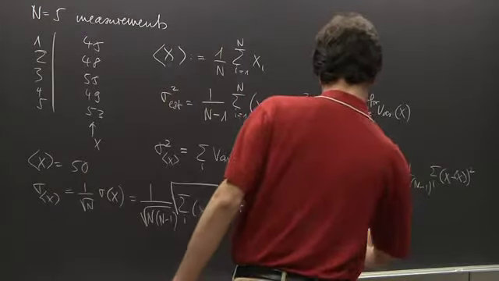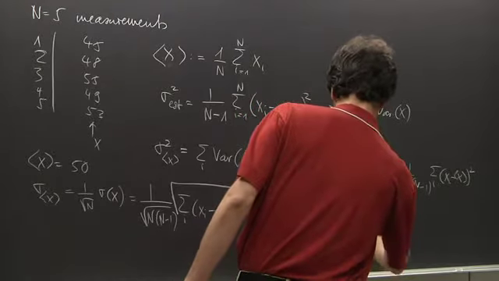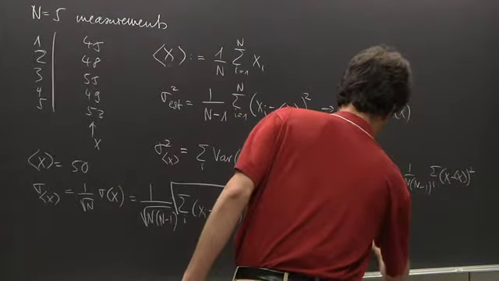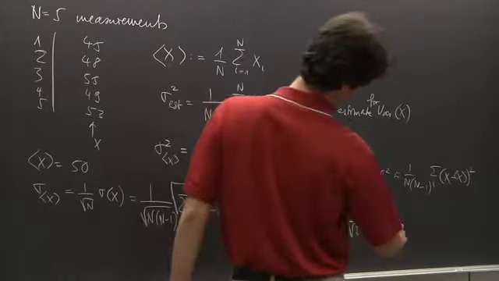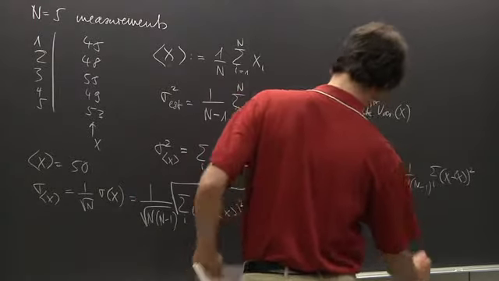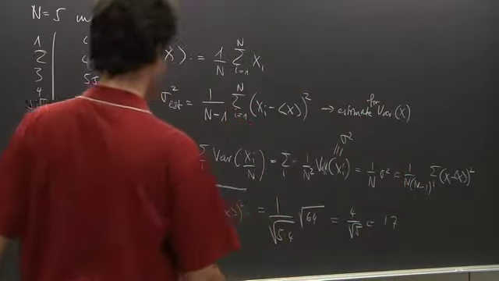These are pretty nice numbers. So this is 8 over 2, 4 over square root of 5, and that is roughly at 1.7 or so, right? Okay.